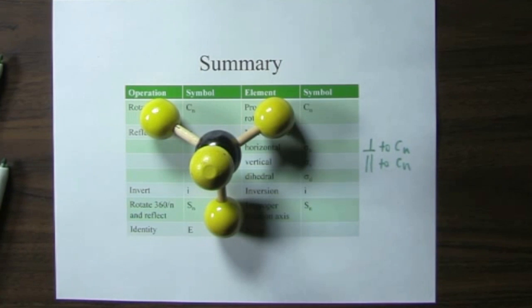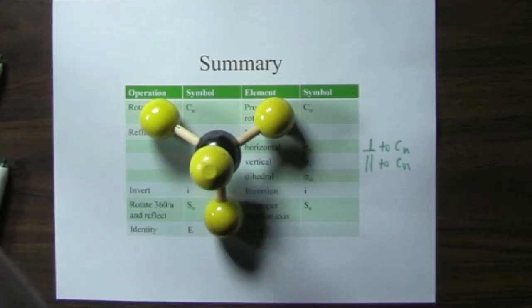Actually, the best molecule to represent a dihedral rotation, or dihedral mirror plane, is tetrachloroplatinate, which is a square planar molecule.